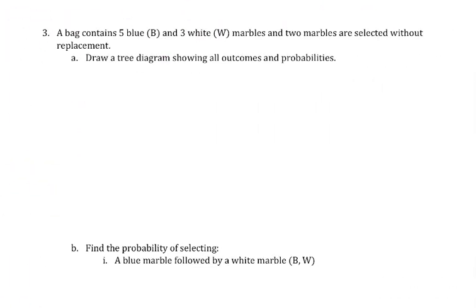Moving on. So for example 3, we have a bag that contains 5 blue and 3 white marbles, and 2 marbles are selected without replacement. So we want to draw a tree diagram showing all outcomes and probabilities. So our first selection is going to be either choosing a blue or a white marble. They're the things that could occur.